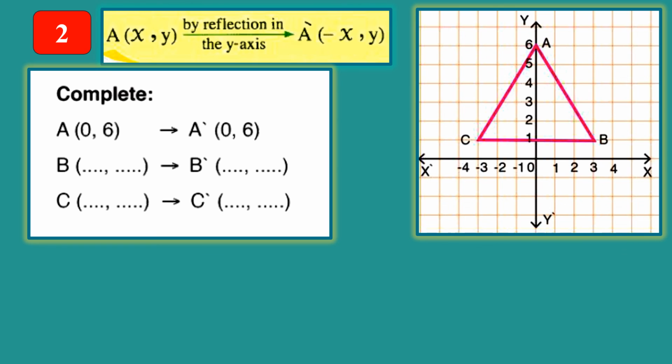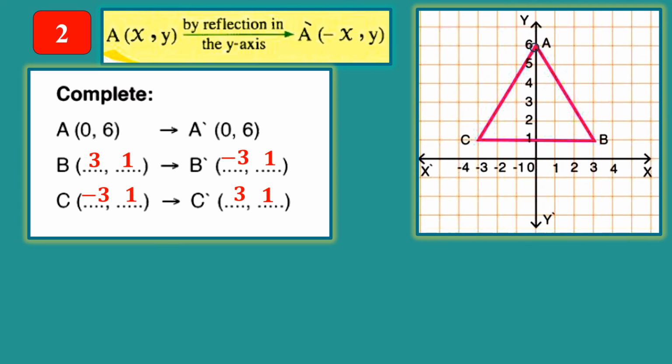About the point B equals (3, 1), and about C equals (-3, 1). By reflection, B dash, y stays the same, 1, and 3 becomes -3. C dash, y stays 1 as the same, and -3 becomes 3.